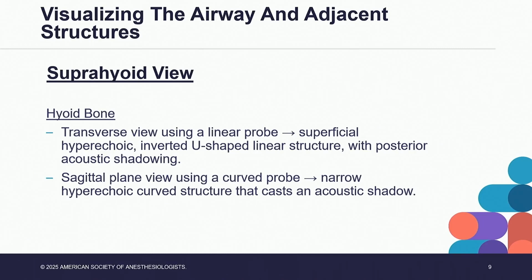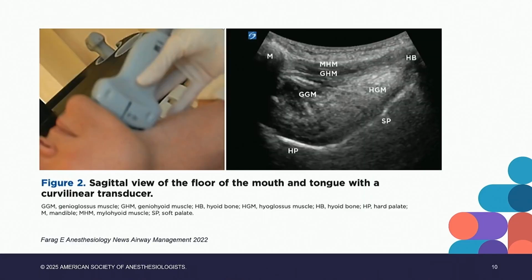The hyoid bone can also be seen in that view, and I'm going to show you here. You have here in the long axis, you can see the hyoid bone, and you can see the mandible, and you see the mylohyoid, geniohyoid, genioglossus muscle, hyoglossus muscle, the hard palate, and the soft palate.